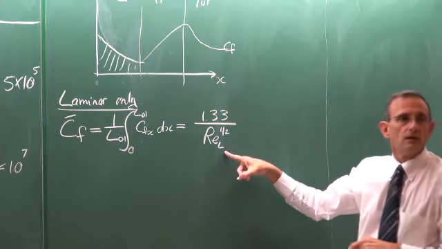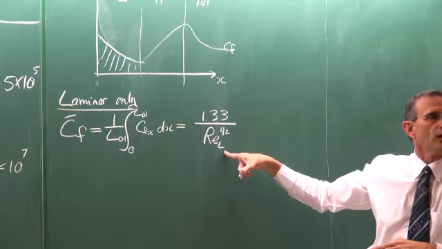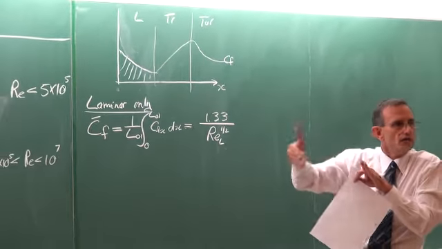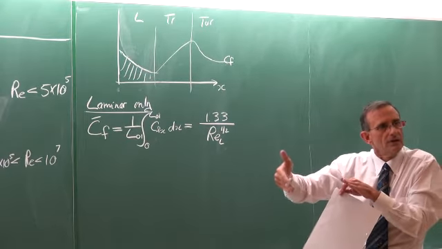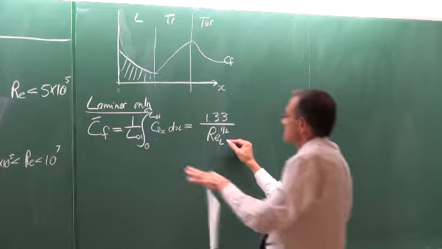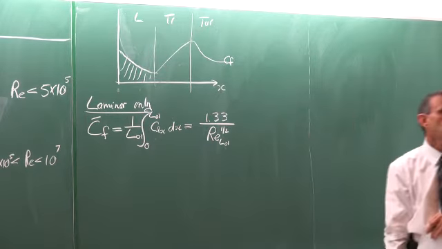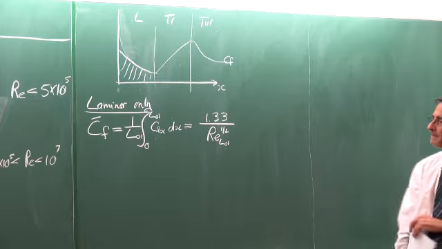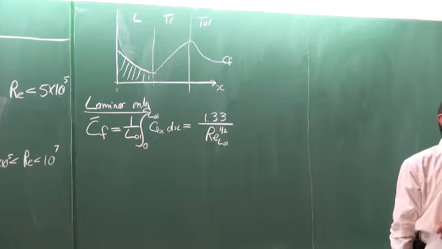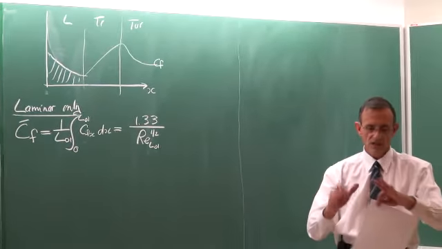Okay, and this L, what L would it be? It would be the laminar length, which in this case would be from 0 to 1. You agree? Understand? So just do the integration.